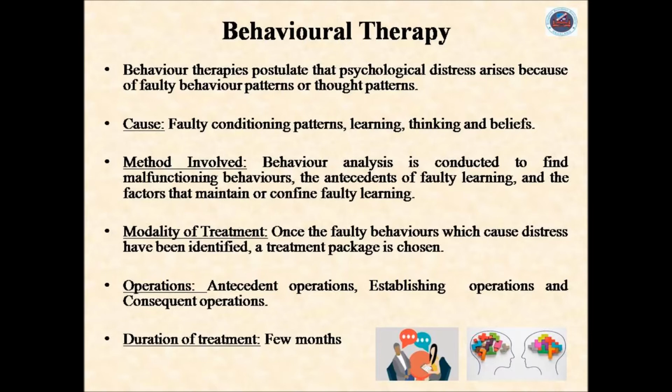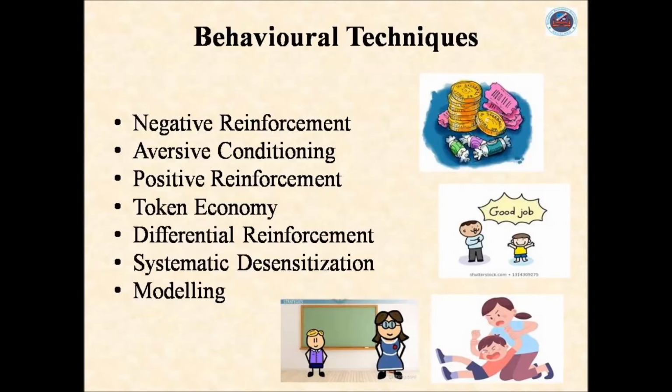The last one is the consequent operation. It is the therapist praising the client in particular settings whenever he or she performs better in a given task or responsibility. The duration of this behavioral therapy treatment is a few months.